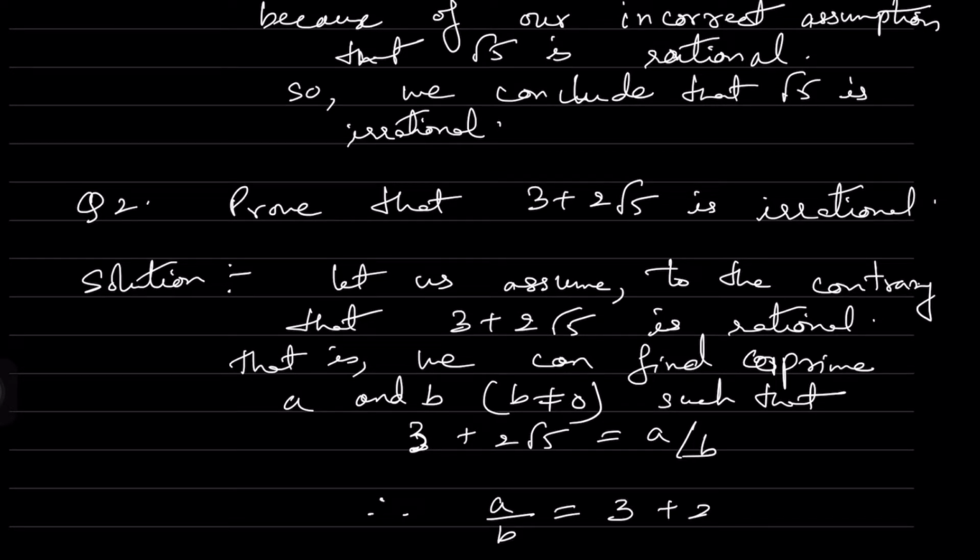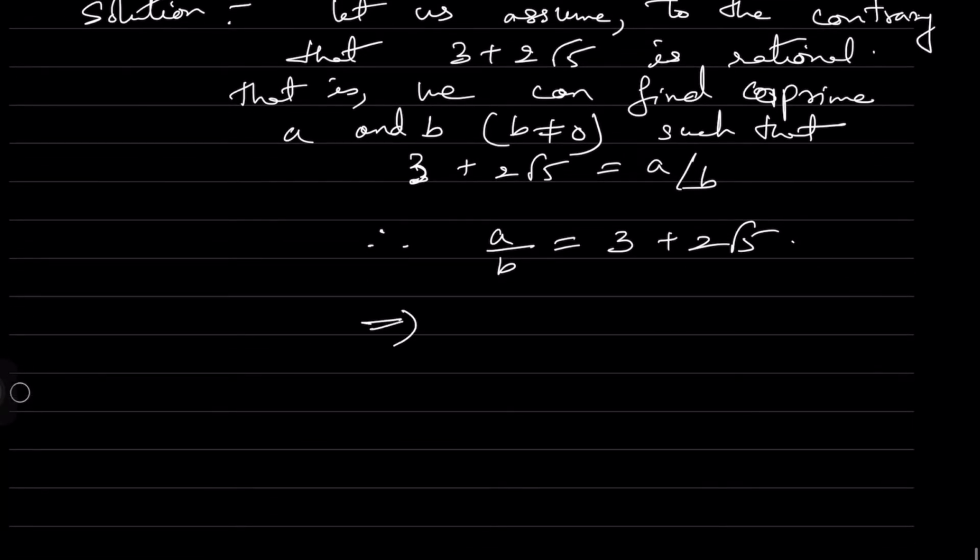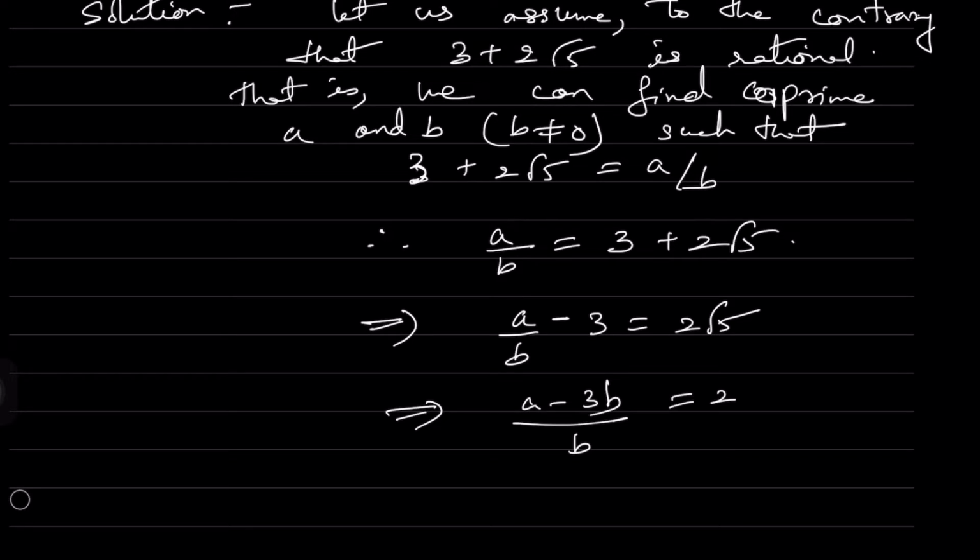So we can write this as 3 plus 2 root 5 is equal to a by b, or a by b minus 3 is equal to 2 root 5. Or if you take LCM, you will get a minus 3b by b is equal to 2 root 5.